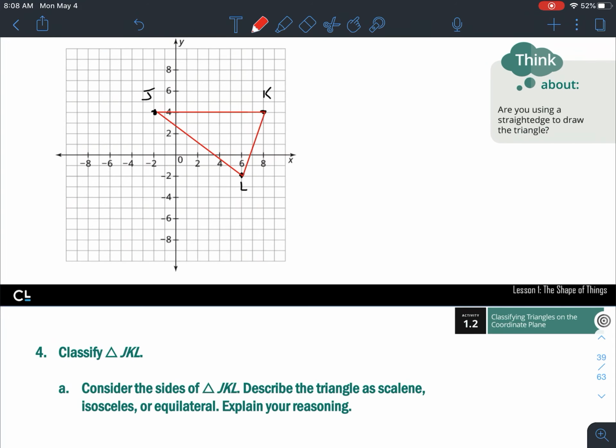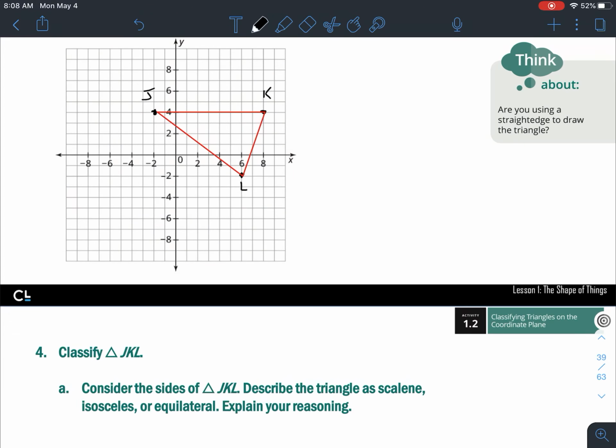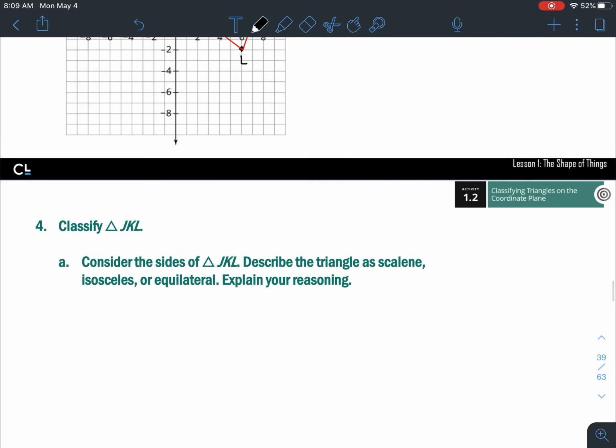Okay. Next it says, consider the sides of JKL. Describe the triangle as scalene, isosceles, or equilateral. Okay. So now, if we go back and think about this, let me pull up my notes just to help you on this. Equilateral is all equal.